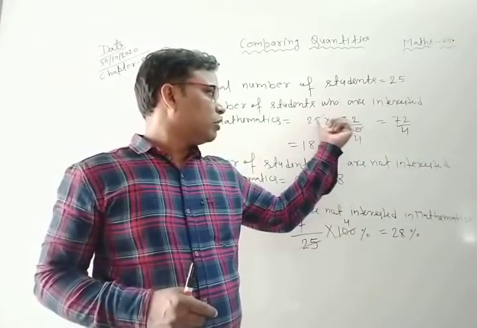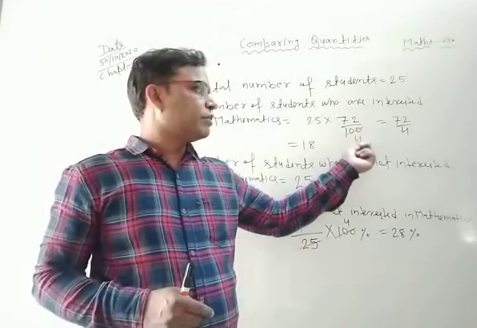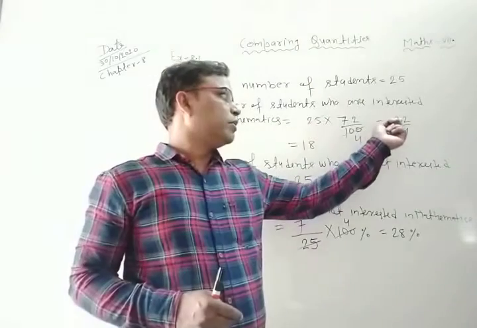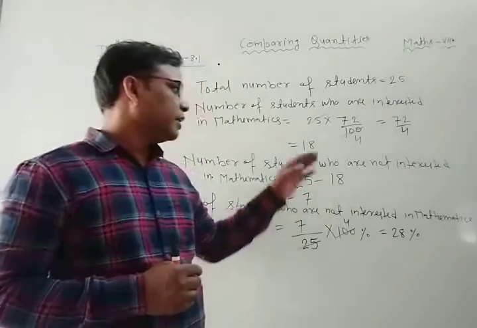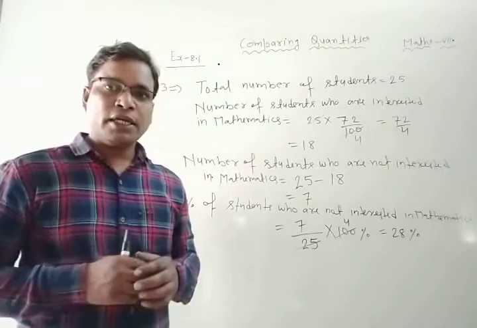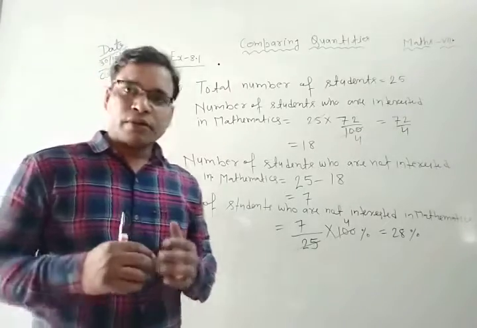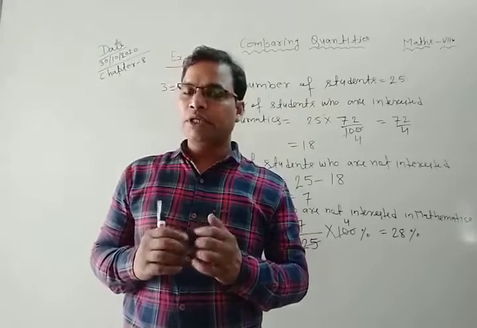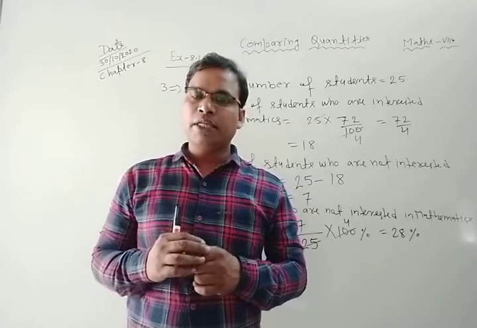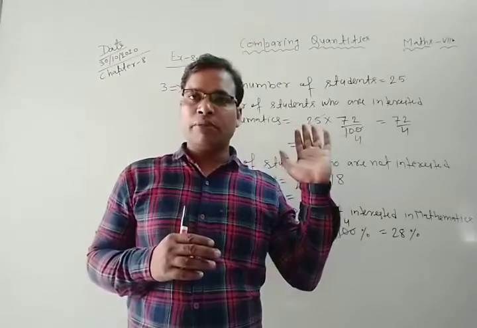Okay, if you divide 25 by 25, we have 72 upon 100. If you multiply out 72 by 100, then we obtain 18. So in this way we find that 18 students are interested in mathematics. And now we need to find how many students are not interested in mathematics. For this, we subtract the number of students interested in mathematics from the total number of students.